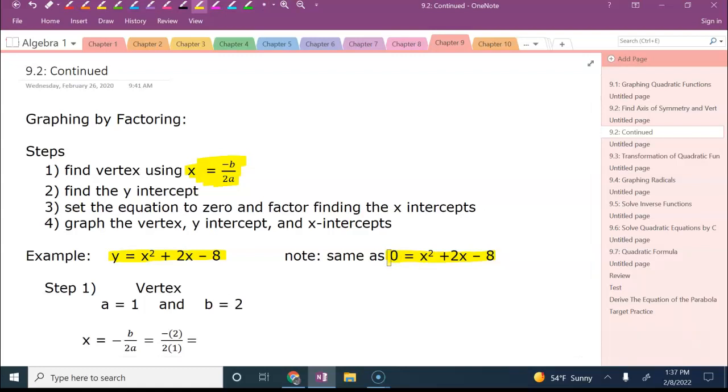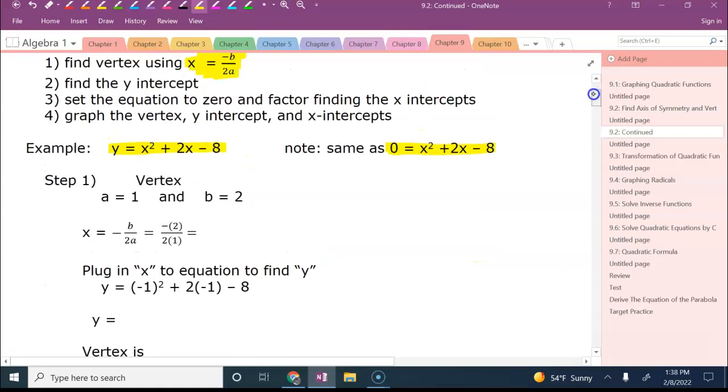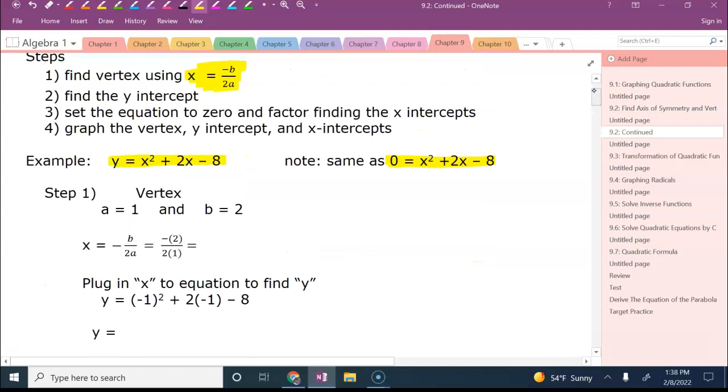What I'm showing you first is we're just solving for the x of the axis of symmetry point, so finding your x to help you figure out what your vertex is, and then we're going to see how we can find our y-intercept as well, just like we did when we first started this section. For this one, your a is 1, your b is 2. I'm just pulling that from my equation up here, so a, b, and c are still where they were before.